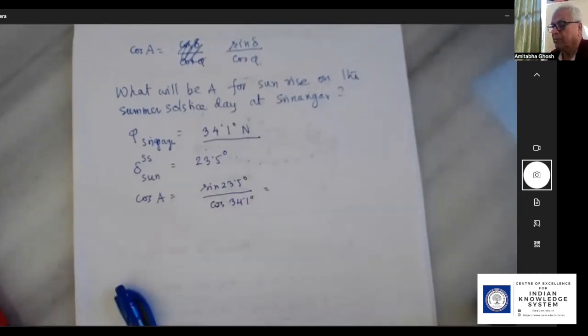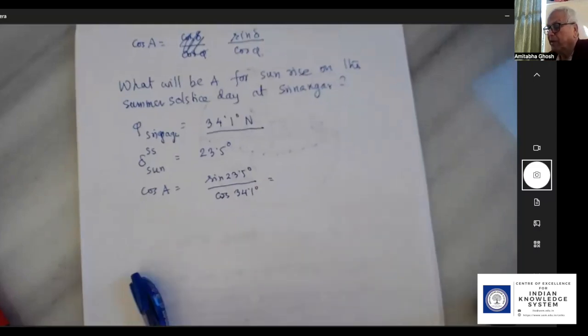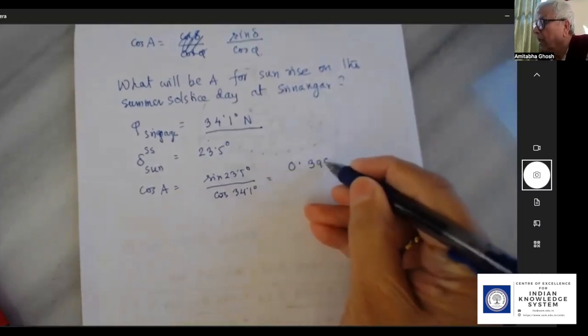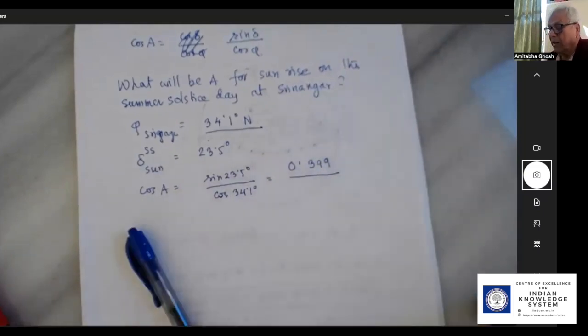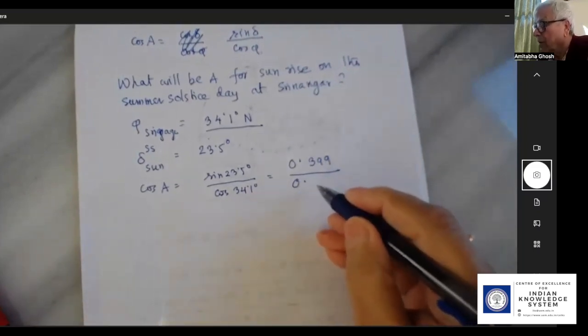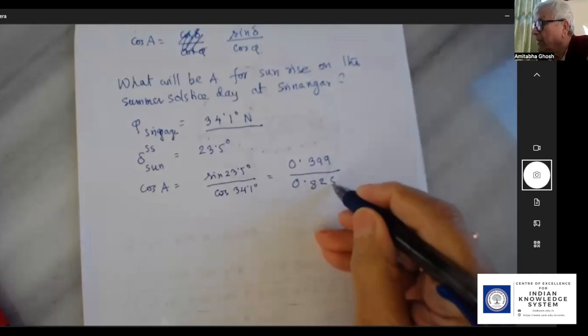That is equal to, I will give you, sine of 23.5 degree is 0.399, and cosine of 34.1 degree is 0.828.